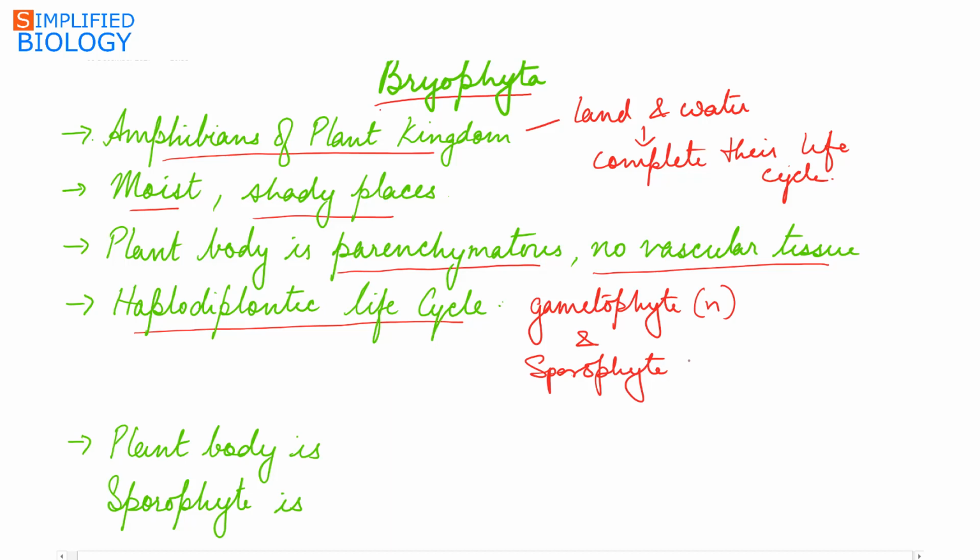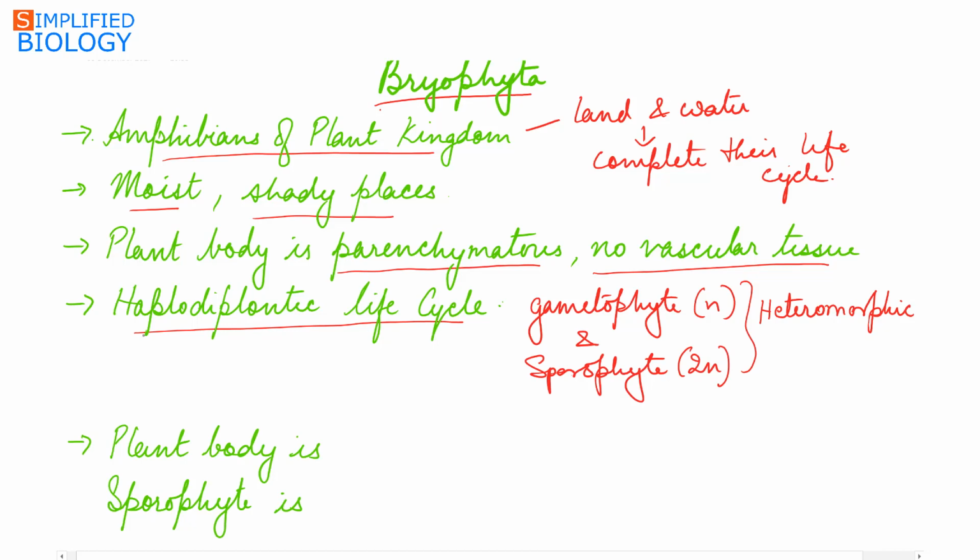Gametophyte, which is haploid, and sporophyte, which is diploid, are both well represented, but they are heteromorphic. Means they differ from each other morphologically.